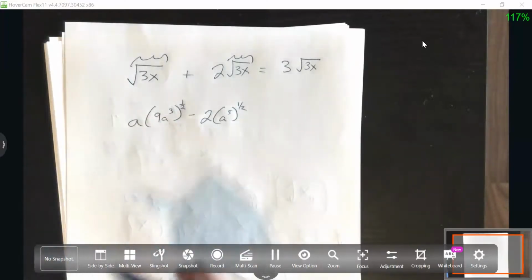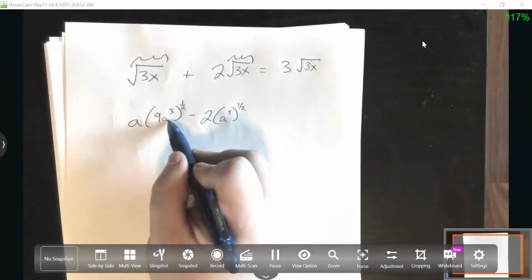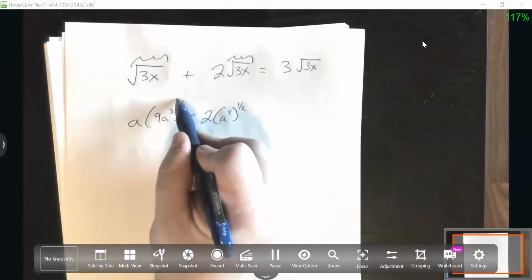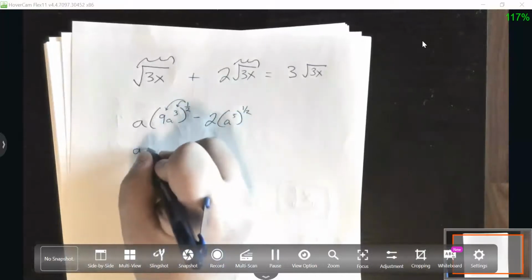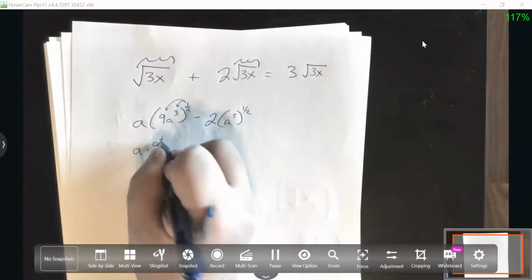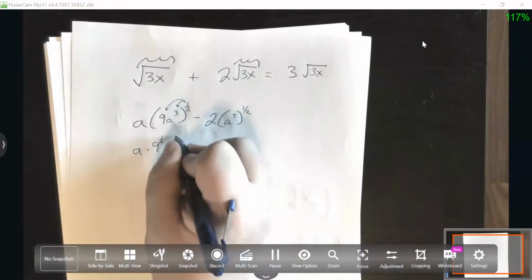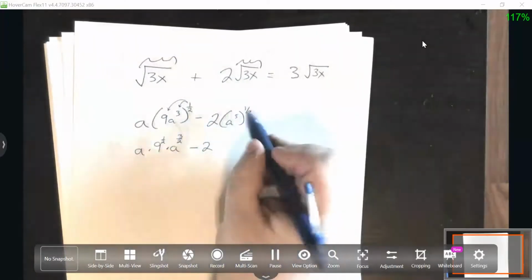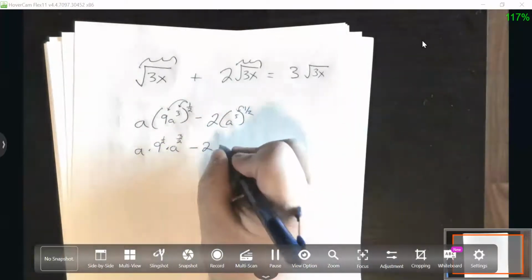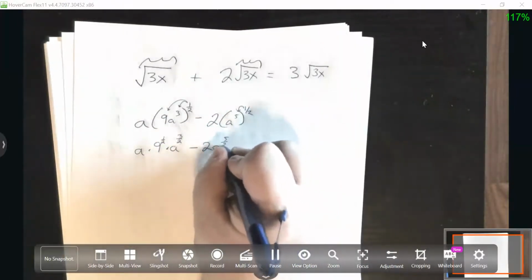So we need to start simplifying. We have several things multiplying with an exponent, so that exponent goes to all of them. So it's going to give me a times 9 to the 1/2 times a to the 3/2, minus 2 times, again, this is going to multiply, a to the 5/2.